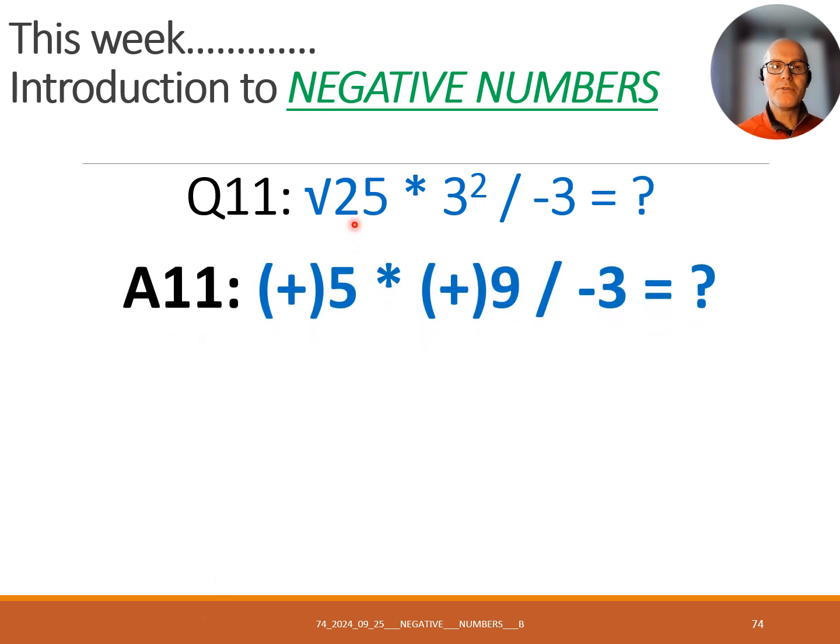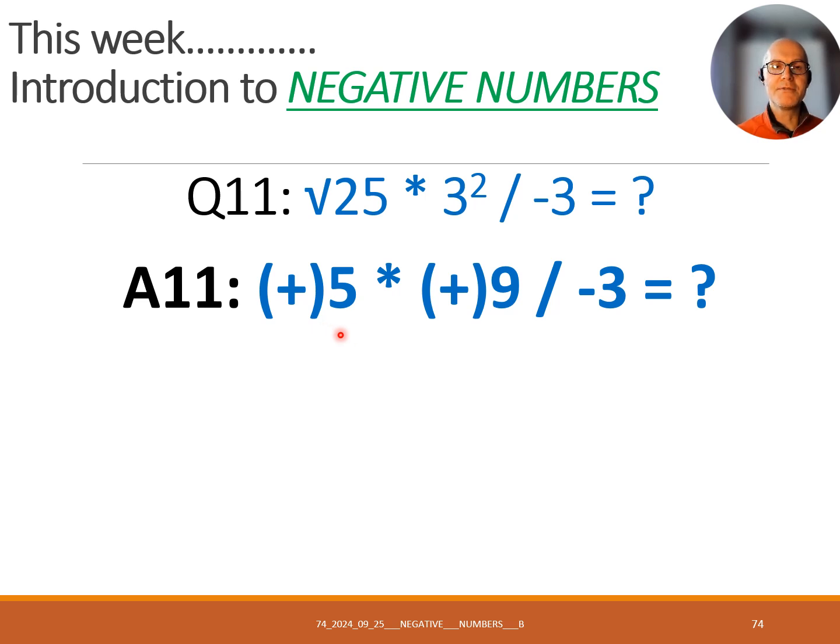Square root of 25 is positive 5. Remember, I said that technically the answer to the square root of 25 would be plus or minus 5. But for mathematical equations, we use the positive answer.